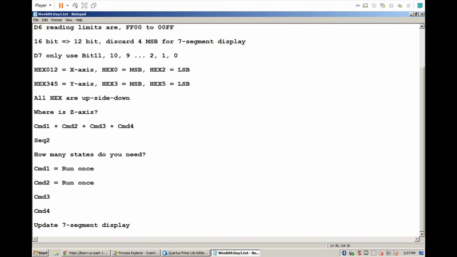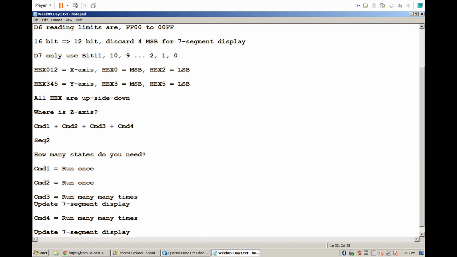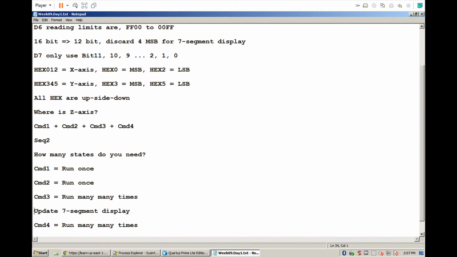Then command 3 is to read the x-axis, and you need to run it many times. Similarly, for command 4, you need to run it many times because you need to read the y-axis continuously. In between 3 and 4, you should update the 7-segment display.